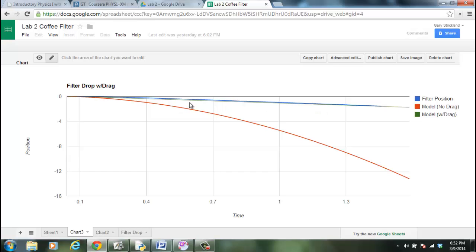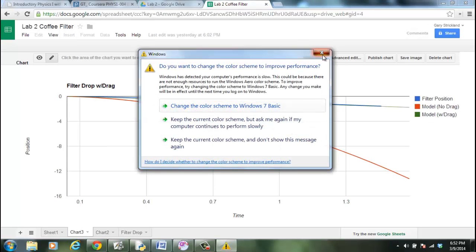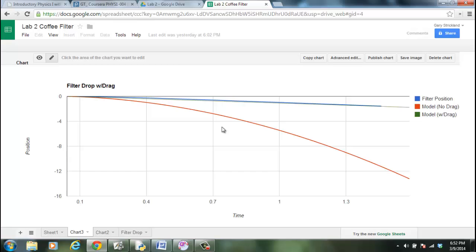There's some discrepancy in the middle that I was frankly unable to explain in the different things that I did with this, but be that as it may, I think the model and the actual data agree fairly readily.